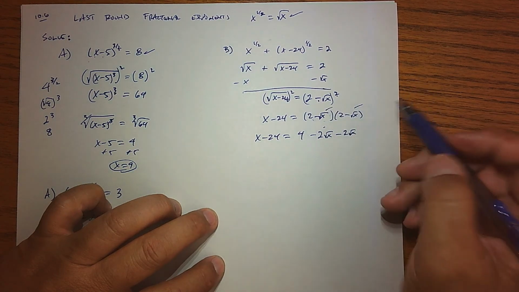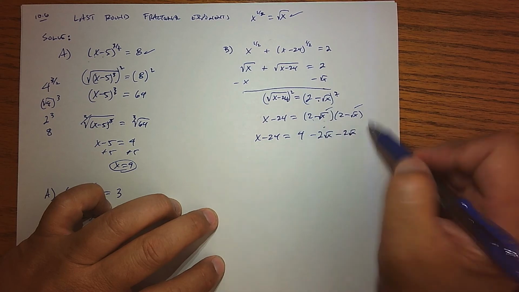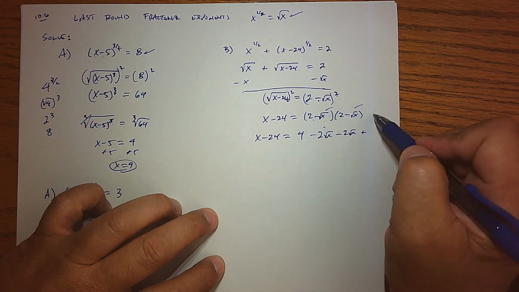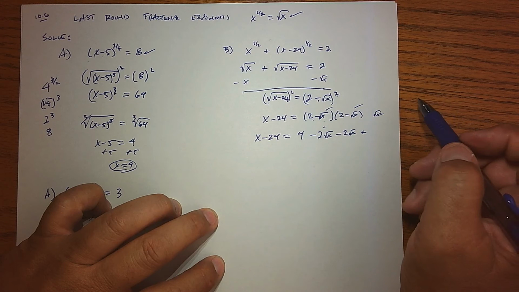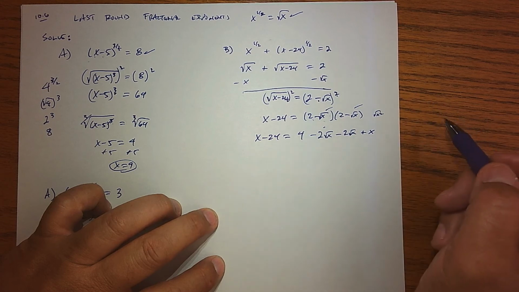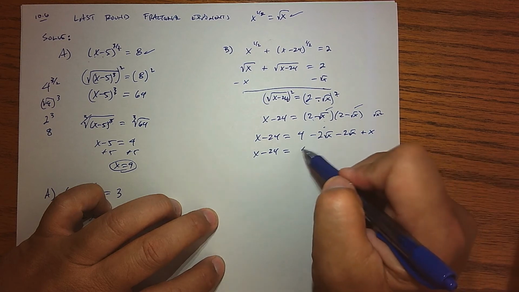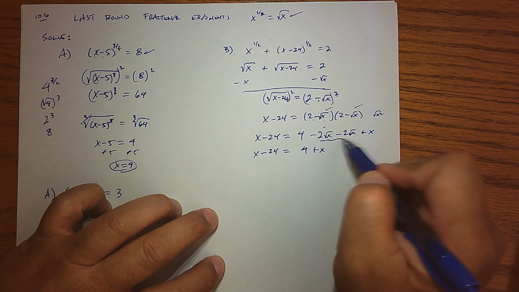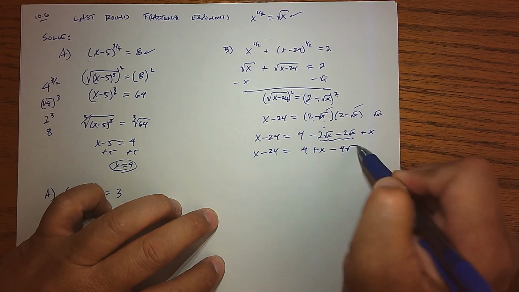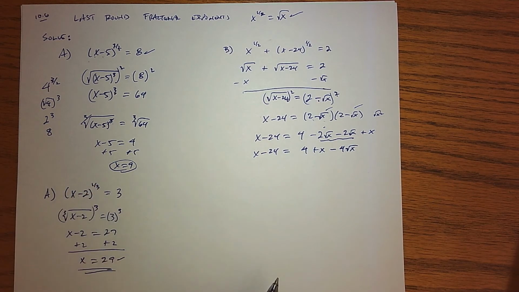And then last times last, a negative times a negative is a positive, and we get the square root of x squared, which is just x. So we have x minus 24 equals 4 plus x, and these two combine to give us negative 4 square root of x. So we're sitting pretty good.